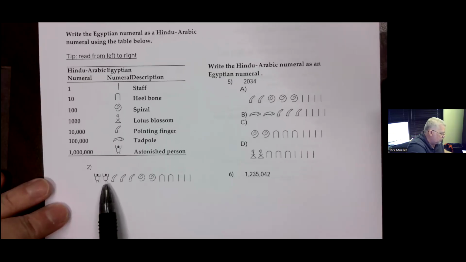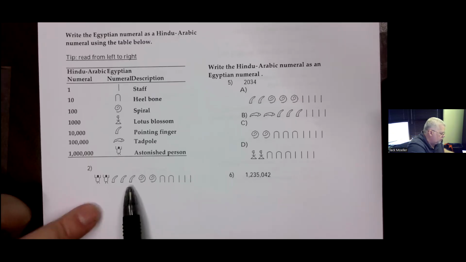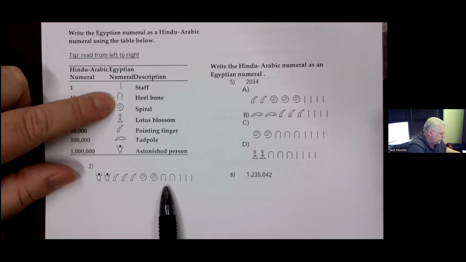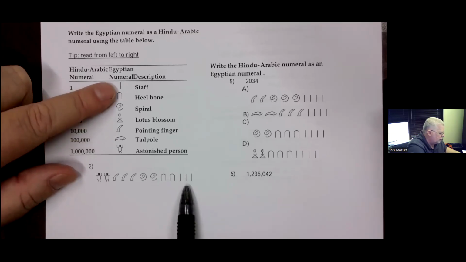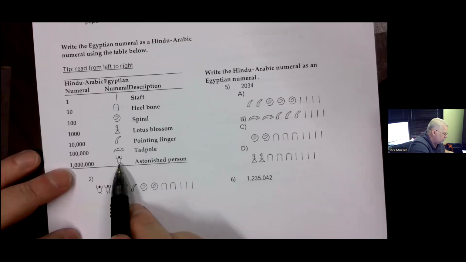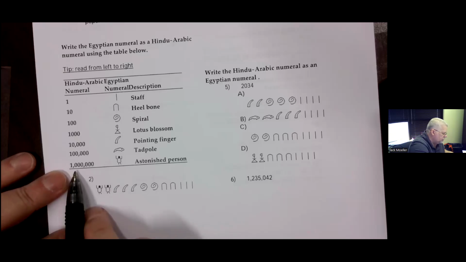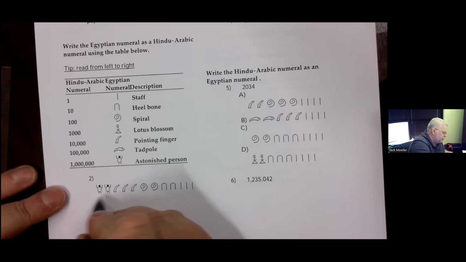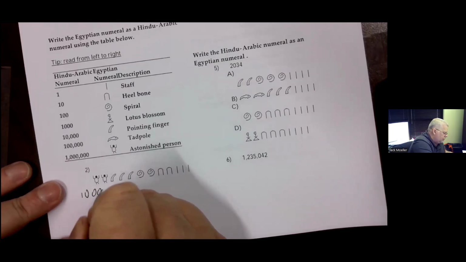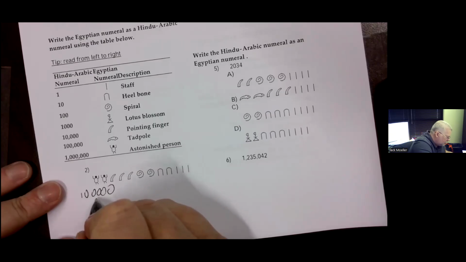So we're starting with two astonished people, three pointing fingers, two spirals, two heel bones, and three staves. What does that mean? Well, astonished people are millions. A million is 1 followed by 6 zeros.